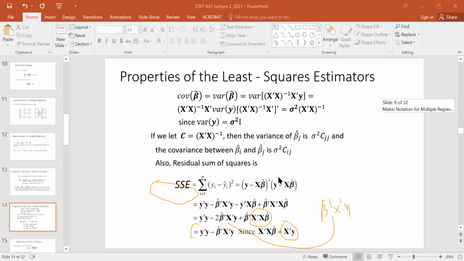Sometimes they ask you to show that SSE, and you must not relax on this. Take a piece of paper and work them out yourself. Then you would have really enjoyed the regression class, and you would have learned a lot. So SSE can be written like this: y transpose y minus beta hat transpose x transpose y.